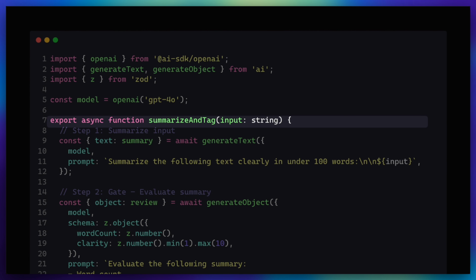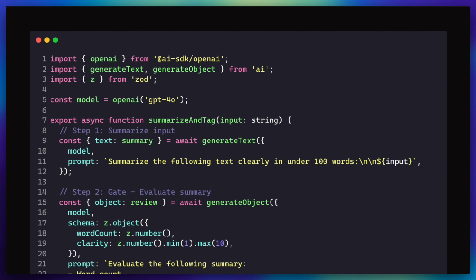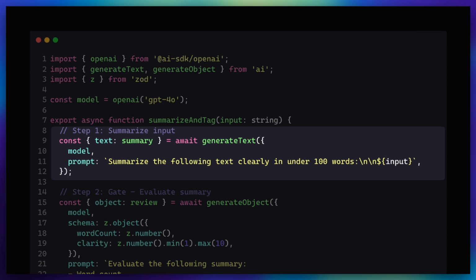Then we define the async function called summarize and tag, and it takes one argument, the input. This is basically the user's request, which in our case would be some long text or an article we want to summarize. This maps to the user request in the workflow diagram. Step 1 is where we call generate text to summarize that input.